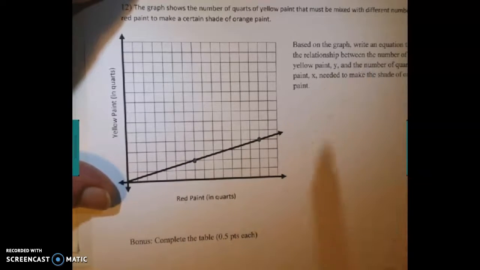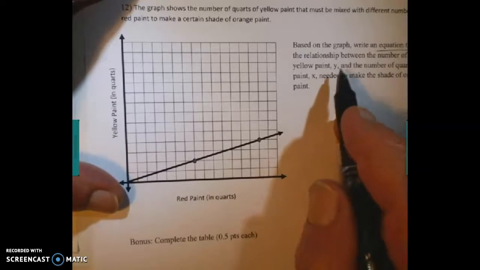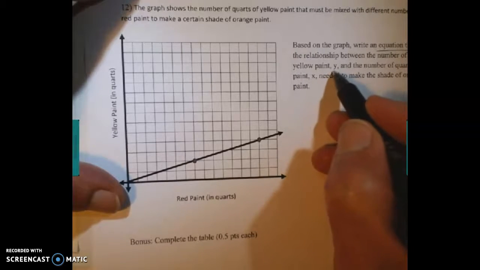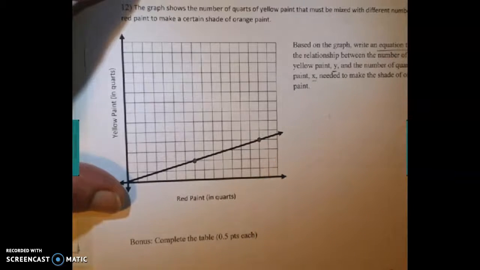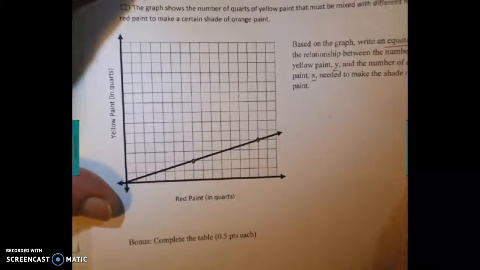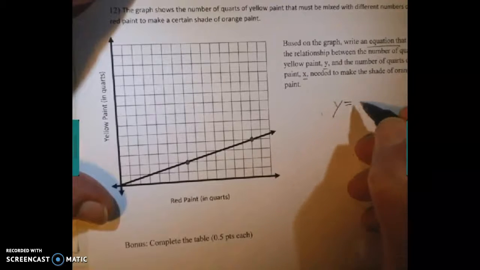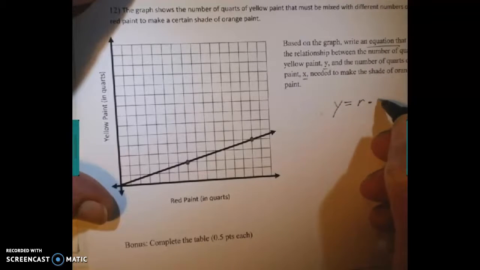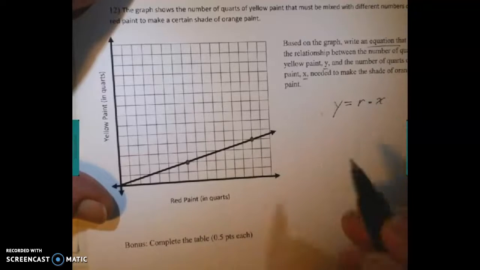You want to write an equation that compares the number of quarts of yellow, Y, and the number of quarts of red, X. They're telling you to use X and Y. So again, your equation is Y equals R times X, where R is the unit rate.